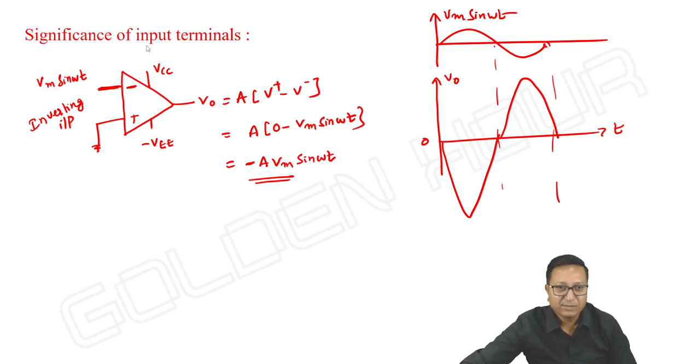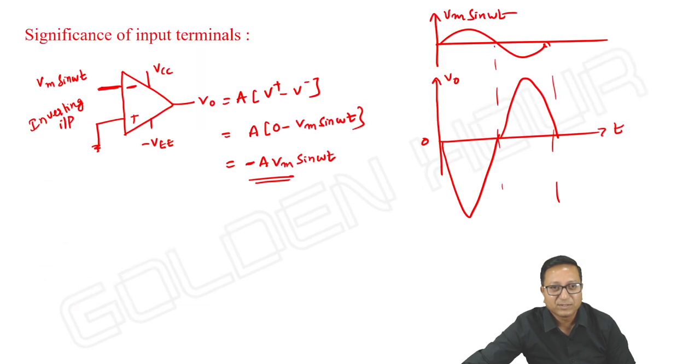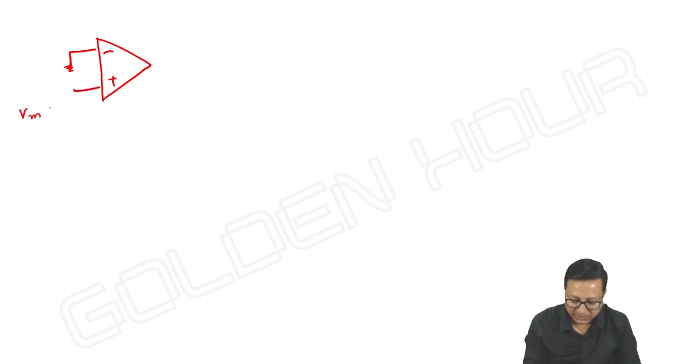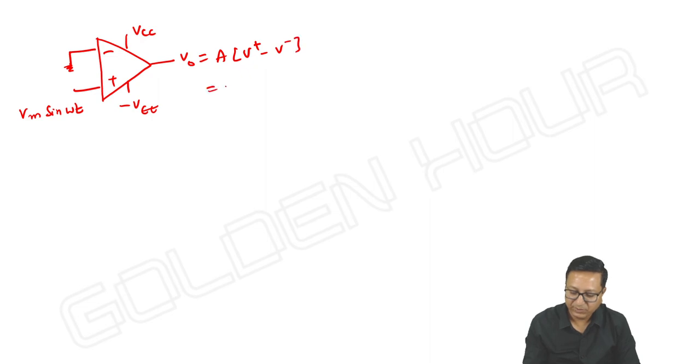Similarly, the non-inverting input, exactly the opposite action. The inverting terminal is connected to ground, and the input is Vm sin omega t. What is the output? A into (V plus minus V minus), which is directly A into Vm sin omega t.